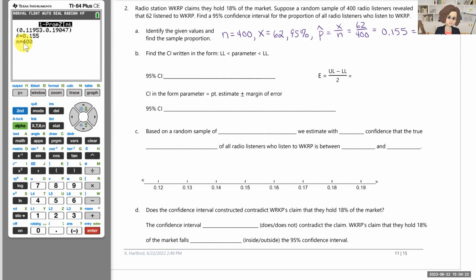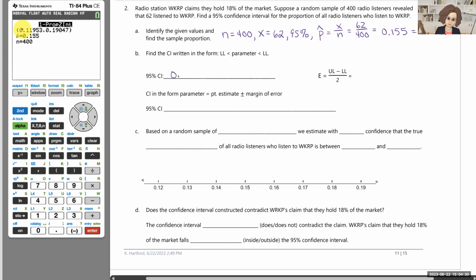And then let's round to 3 decimal places. So the lower limit there would be 0.120. Being careful with your rounding, and then less than P, the population proportion that we're estimating, and then 3 decimal places for the upper limit will be 0.190.